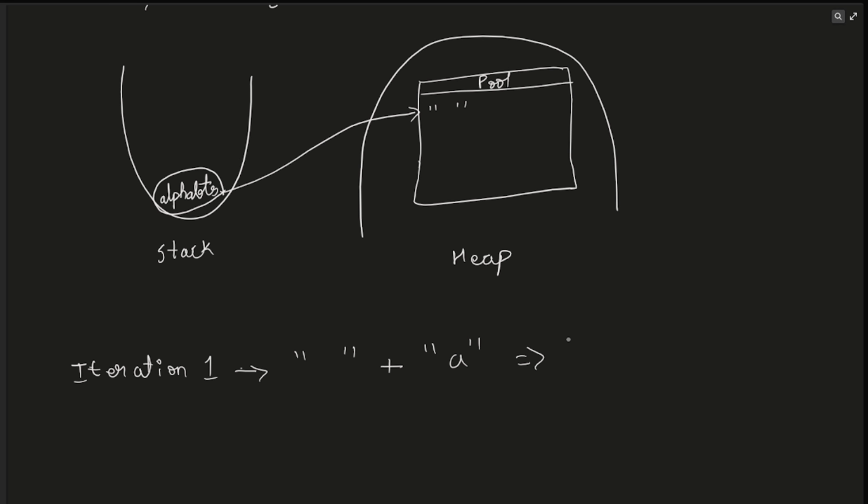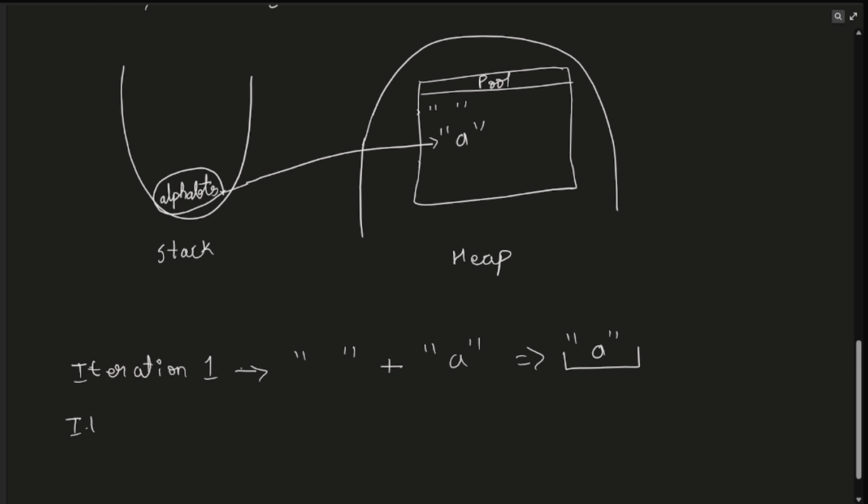Output of this will be A, and after iteration 1, this object is created inside a pool and currently pointing pointer will be removed and alphabet will point to newly created object.